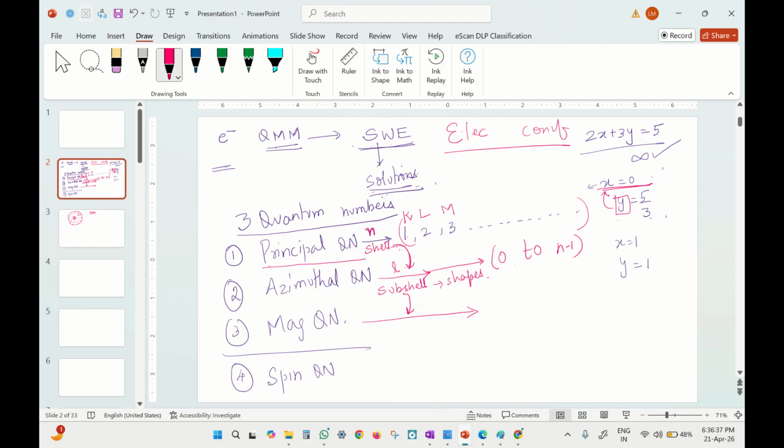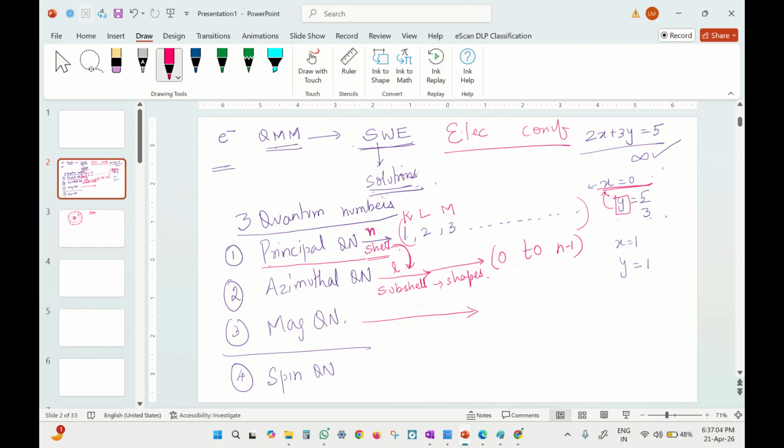It can be 1, or 3, or 5, or 7, or 9. I'm giving you some numbers. The subshells can have 1 orientation, or 3 orientations, or 7, or 9 orientations, and so on. What are these actually?